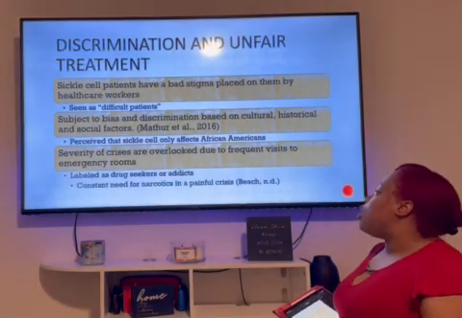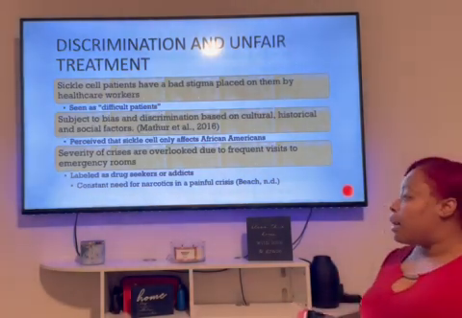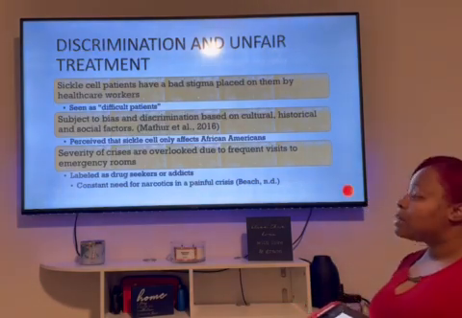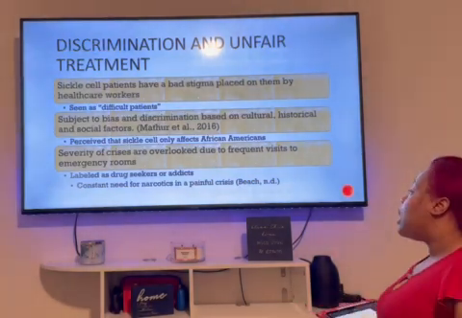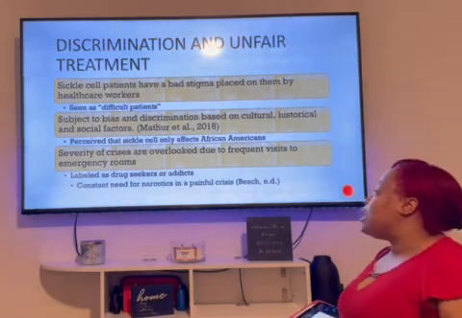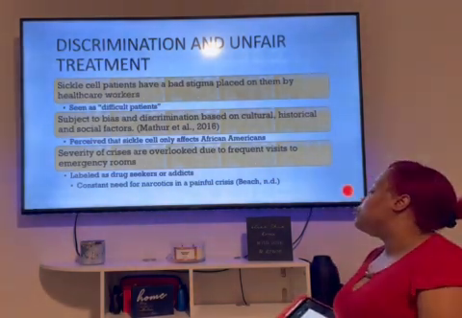The severity of crises is overlooked due to the frequent visits to emergency rooms. They are often labeled as drug seekers or addicts because they have a constant need for narcotics in a painful pain crisis. Again, they start their treatments at home when it comes to their pain.